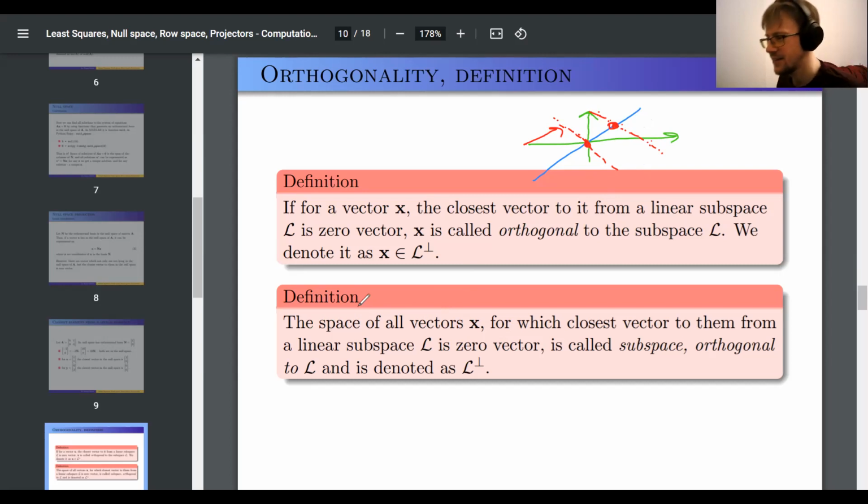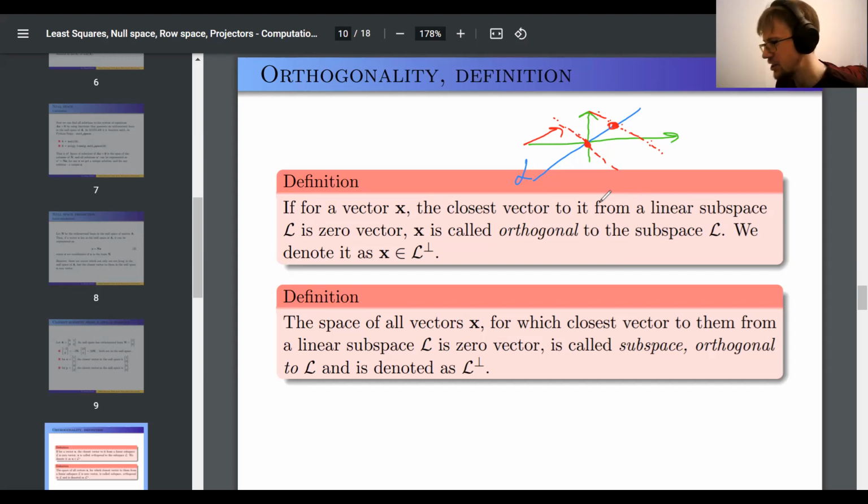Subspace L. The blue line is a subspace. In this case, it is not horizontal, but it doesn't have to be. It can be anything. So the usual reference frame is some space, and this blue line is a subspace.